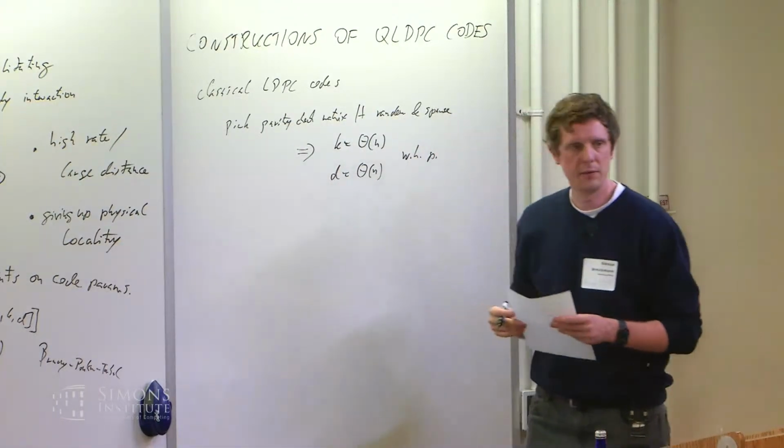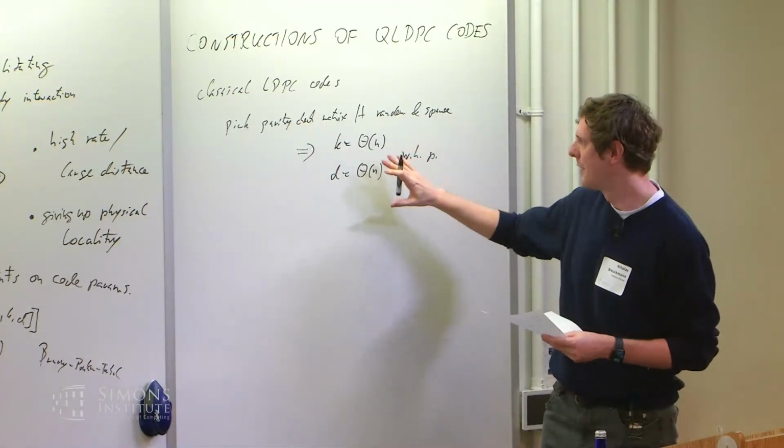So we don't have to work very hard to get an asymptotically optimal code.